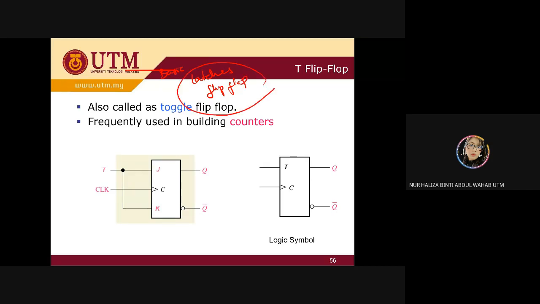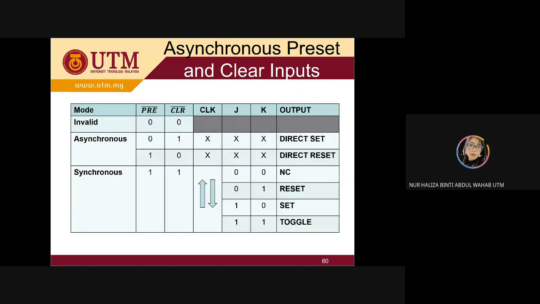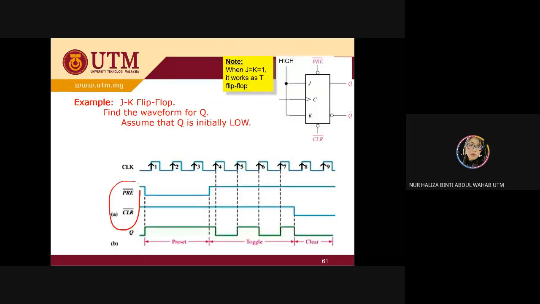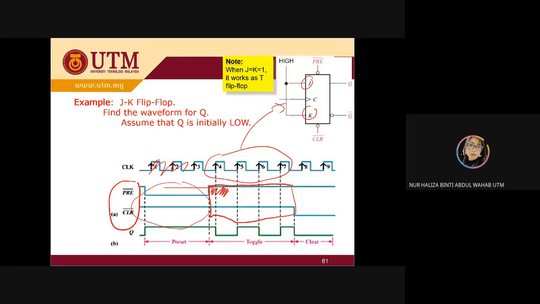When you're done with this, it's easier for you to understand why, after we have this preset and clear at 1, 1 here, at this part we need to consider the clock and also the input of JK. At this point, you can see we didn't refer to any clock. We just look at the preset and clear. So every single thing, you need to have an understanding of your basic flip-flops and latches first.